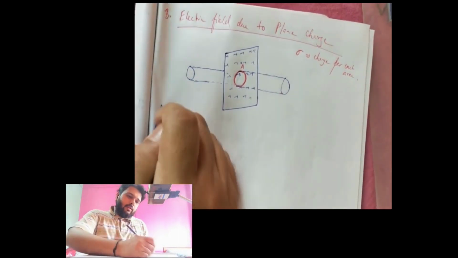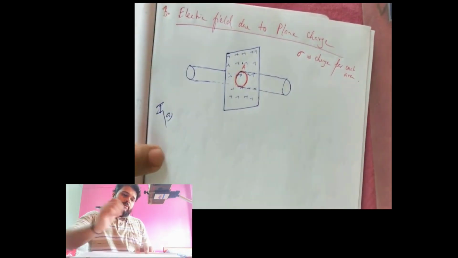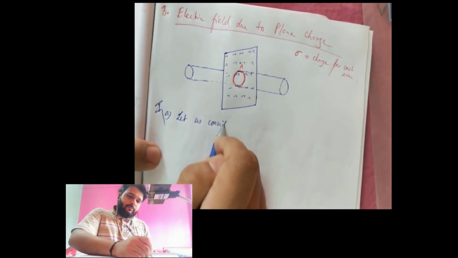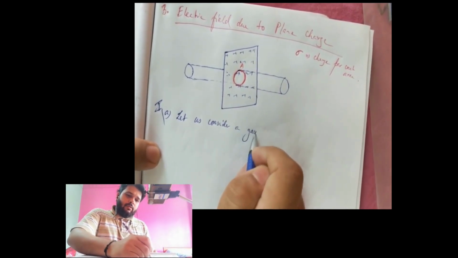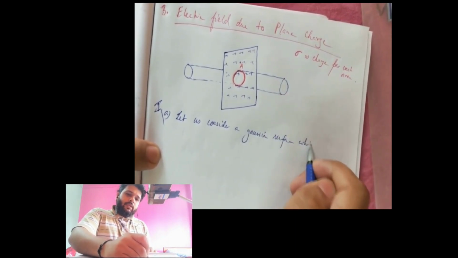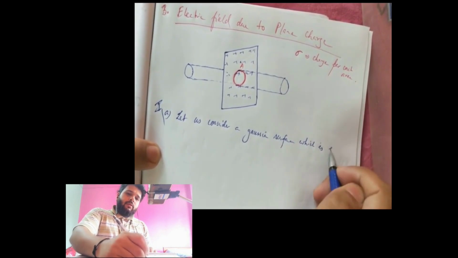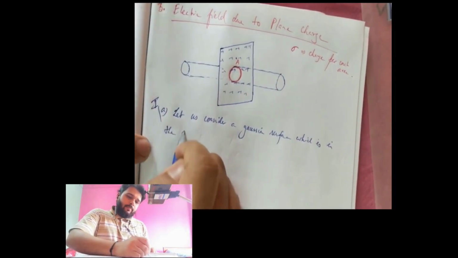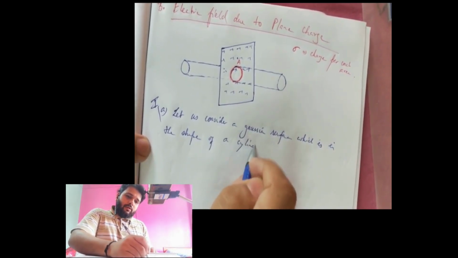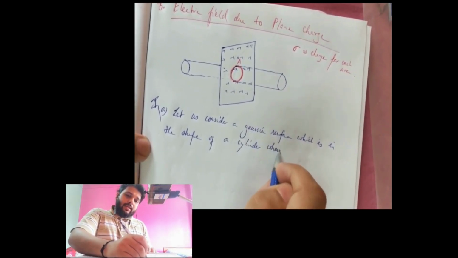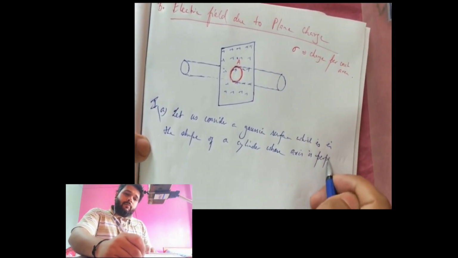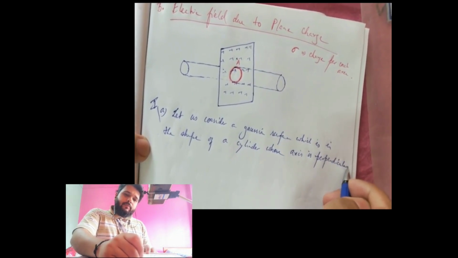Okay, so again, the first step: let us consider a Gaussian surface in the shape of a cylinder whose axis is perpendicular to the plane.